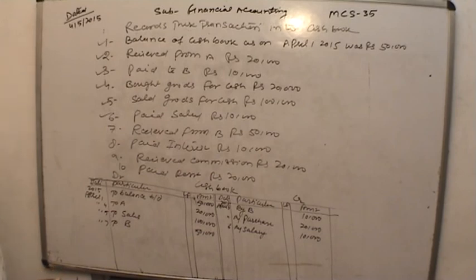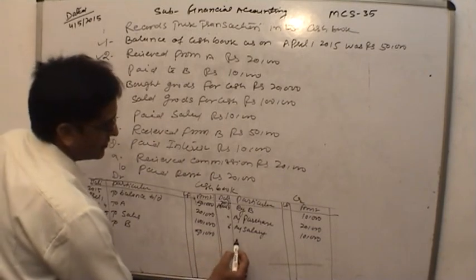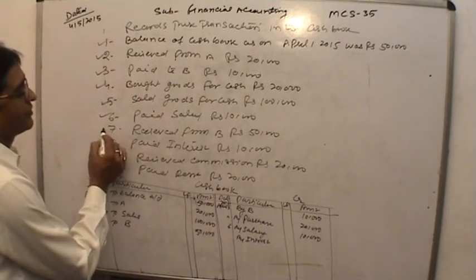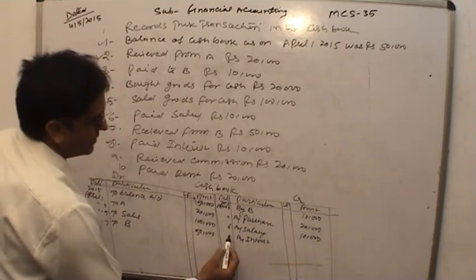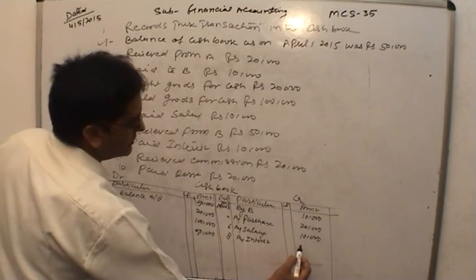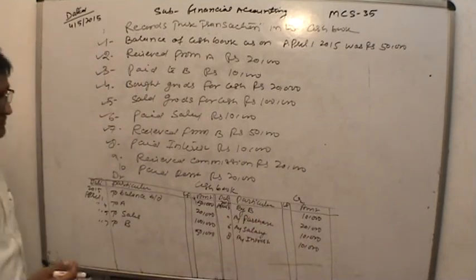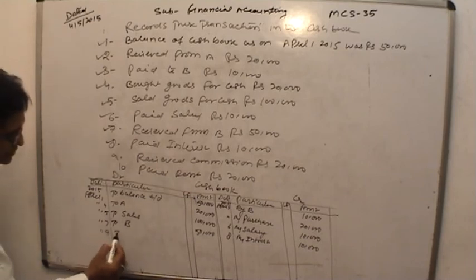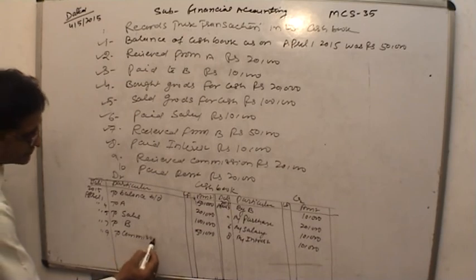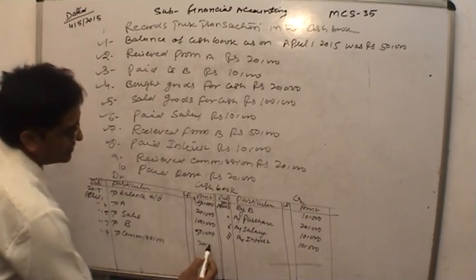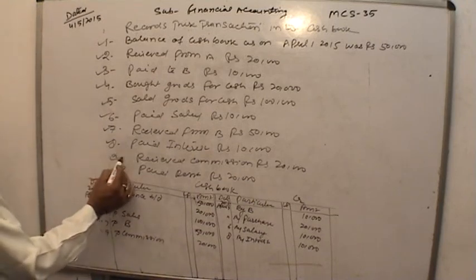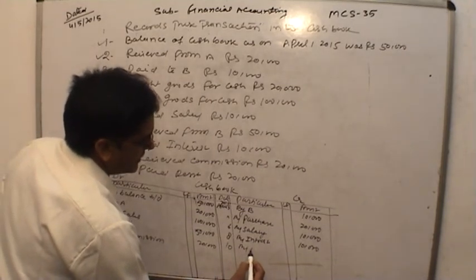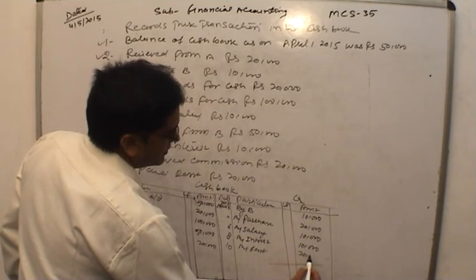Then paid interest rupees 10,000, by interest on the date of 8th of April, 10,000. Then received commission rupees 20,000 on 9th, to commission 20,000. Then paid rent rupees 20,000, on 10th of April, by rent 20,000.